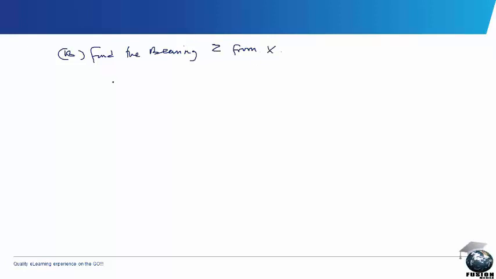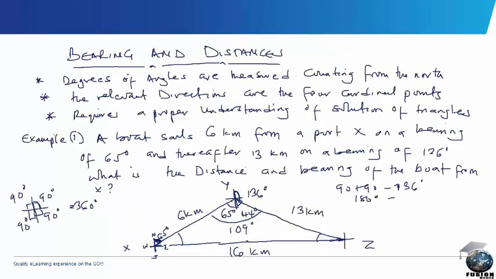To find the bearing of z from x, we shall use the sine rule. Look at the bearing: this point here, this is the bearing from x to z.